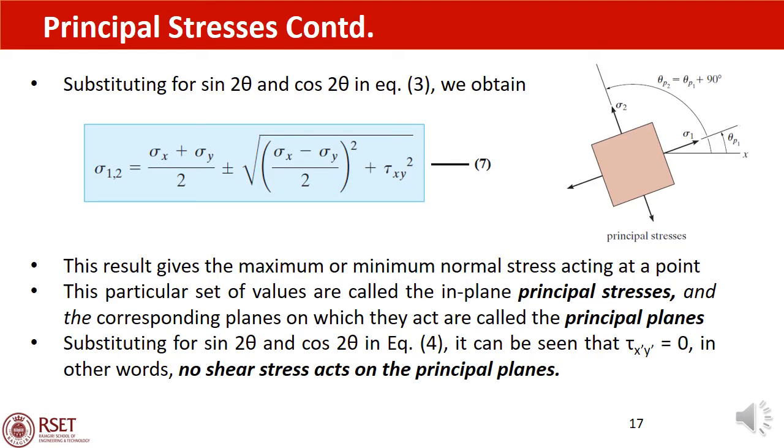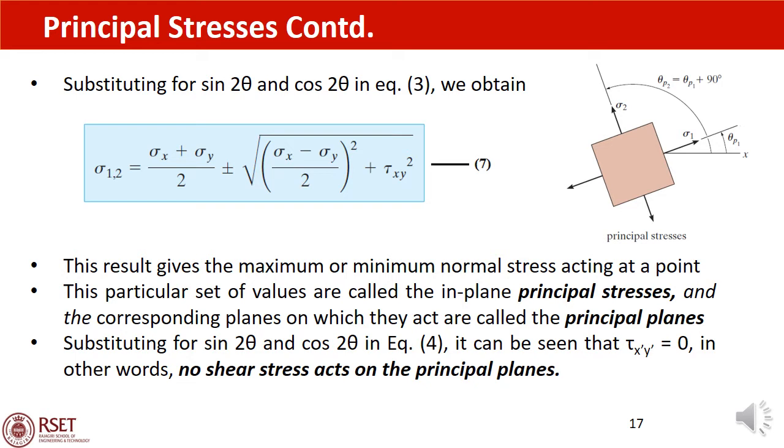Substituting the trigonometric values for sine 2 theta and cos 2 theta in the expression for sigma x dash, that is in equation 3, we obtain sigma 1, 2 equal to sigma x plus sigma y by 2 plus or minus square root of sigma x minus sigma y by 2 the whole square plus tau xy square, which is called equation 7.